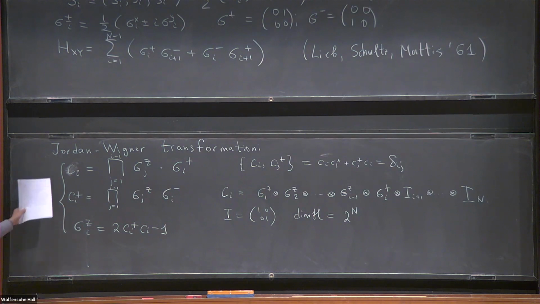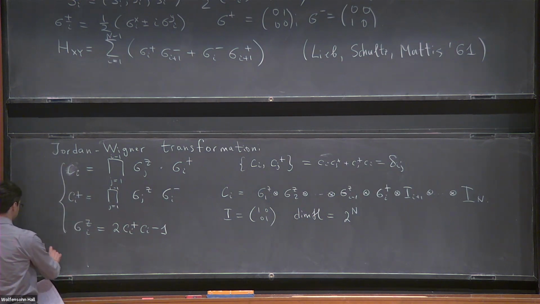Now we use this Jordan-Wigner transformation. We put this transformation into this Hamiltonian, so we can rewrite the XY Hamiltonian through the fermionic operators.